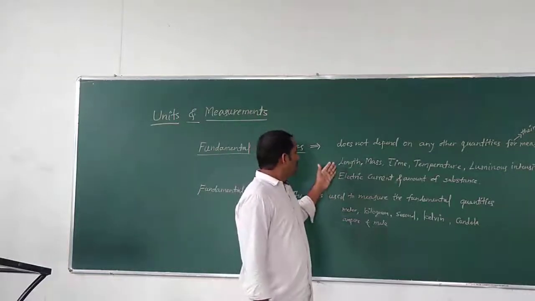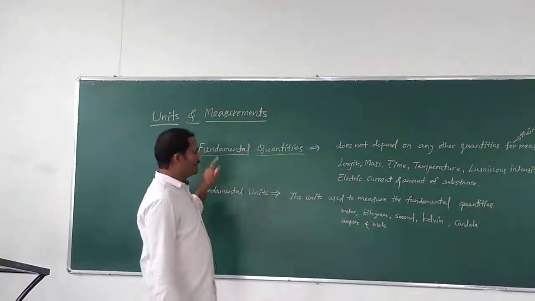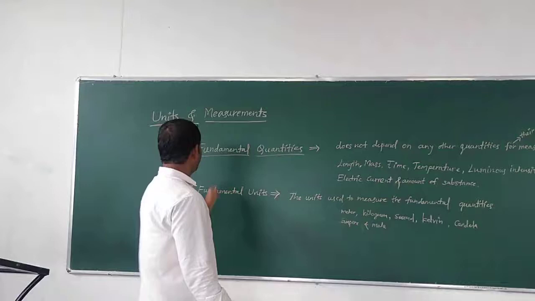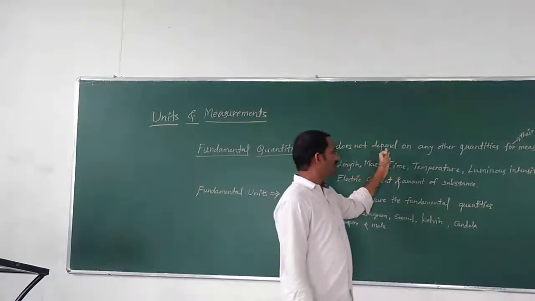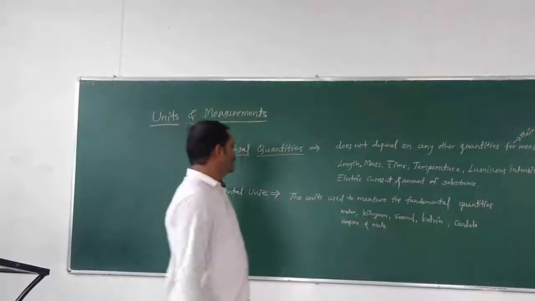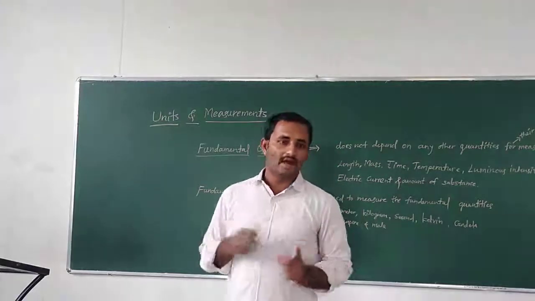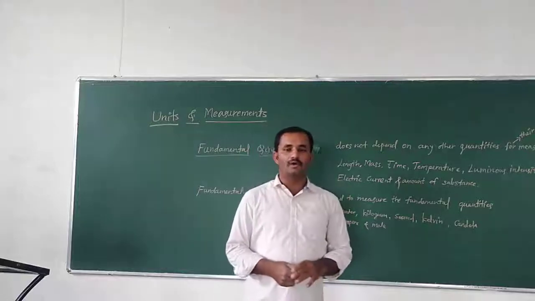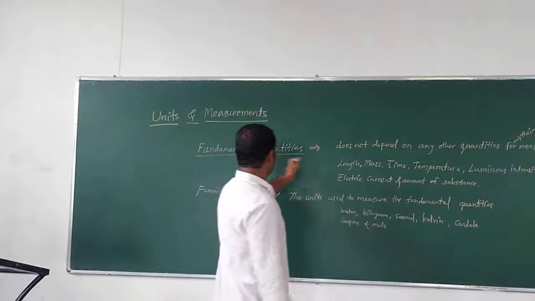So अशा प्रकारच्या ज्या क्वांटिटीज आहेत तर आपण त्या डिवाइड केलेल्या आहेत. कुठल्या प्रकारामध्ये डिवाइड केलेल्या आहेत? एक fundamental quantities. So these quantities do not depend on any other quantities for their measurement. So length, mass, time, temperature, luminous intensity, electric current and amount of substance are the fundamental quantities.